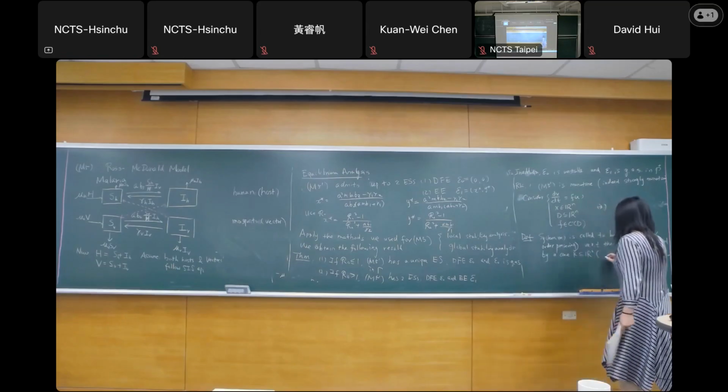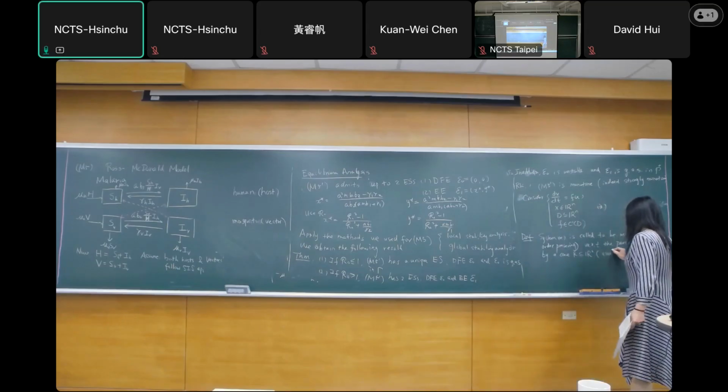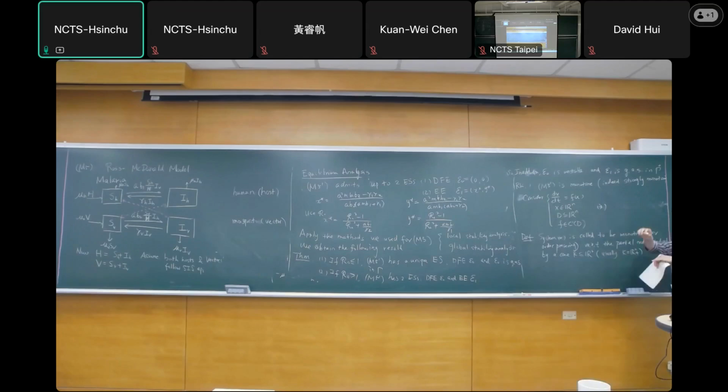In many cases, for example, K is simply the first quadrant. Think about a two-dimensional plane, and the first quadrant.